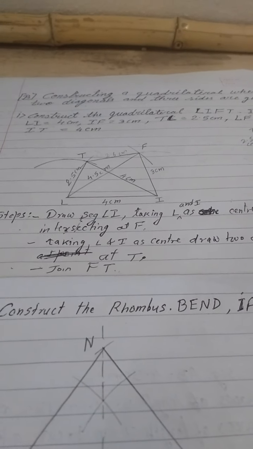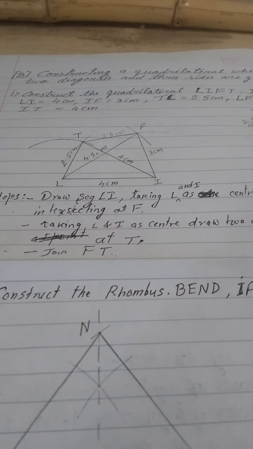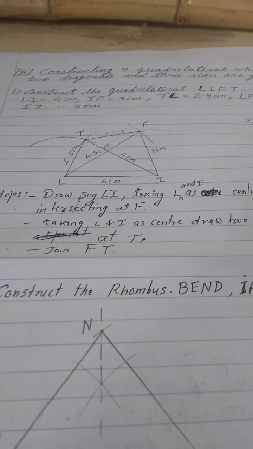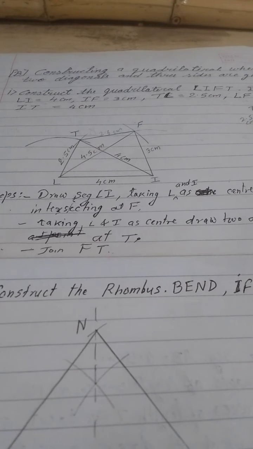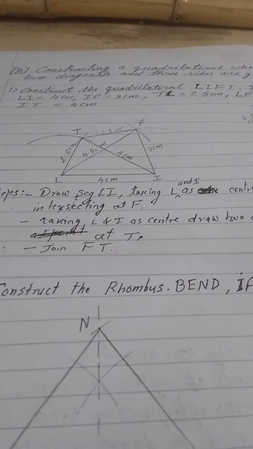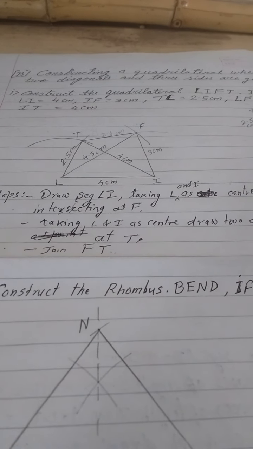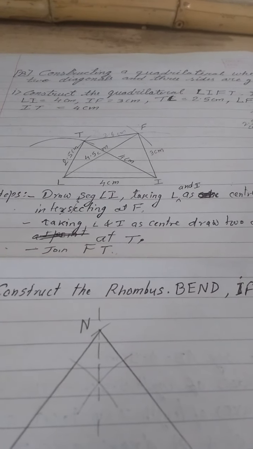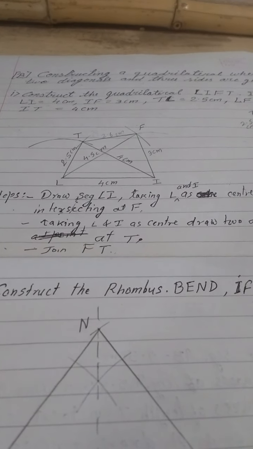The one side I will draw. If I name the quadrilateral LIFT, the 3 adjacent sides which are given, the middle one whose length is given, I will take as a base. Here I have taken the base 4 centimeter.